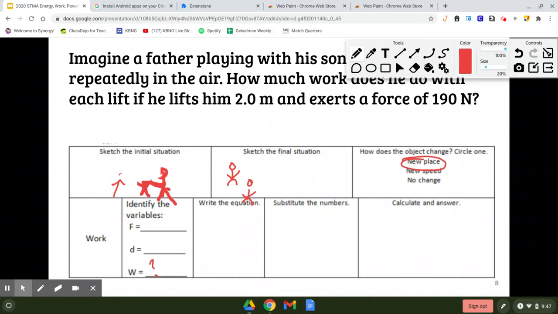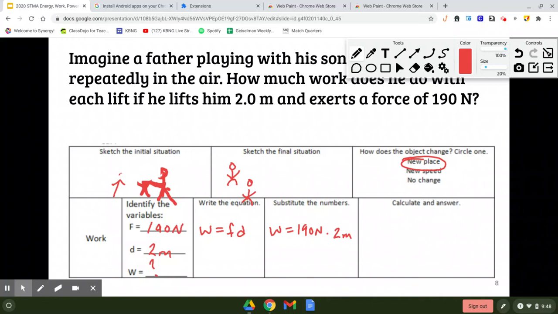We do know a few things. We know that he exerted a force of 190 newtons over a distance of 2 meters. And if we use work equals force times distance, we can now substitute in: work equals force of 190 newtons times 2 meters.